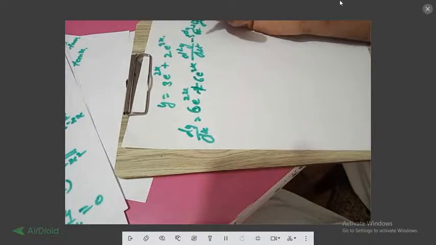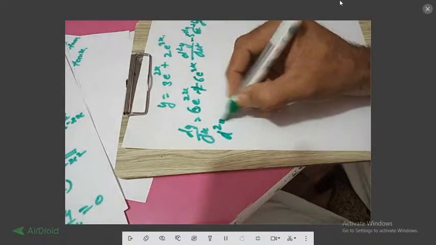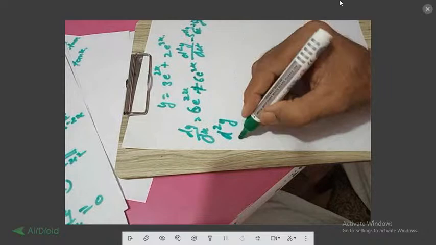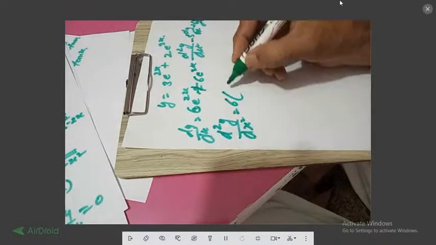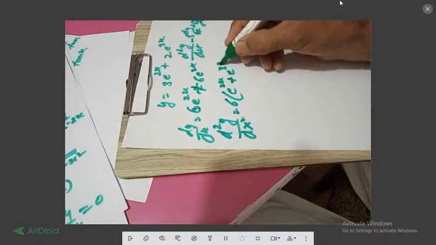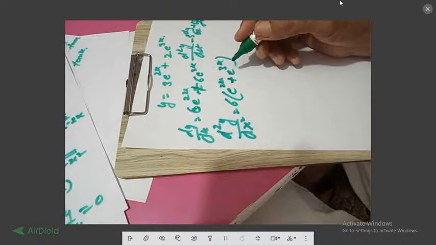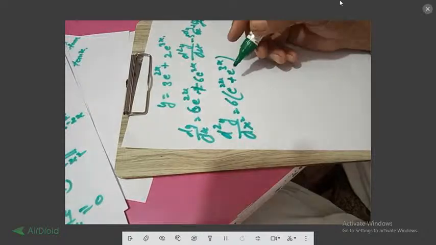Second differentiation, double differentiation of this; 6 is common, e to power 2x, 1 minus e to power x square, dy by dx.